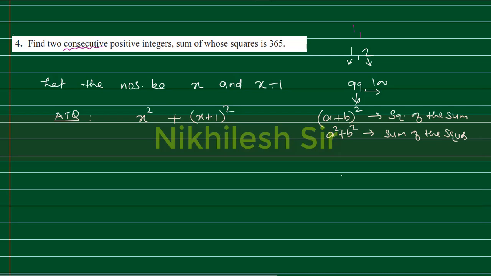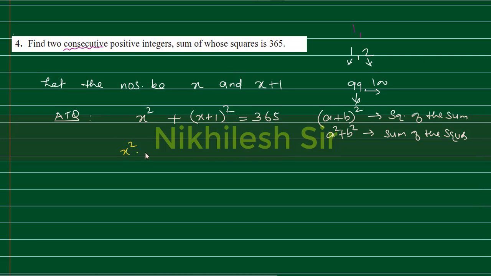So there is a big difference between square of the sum and sum of the squares. So this was the sum of the squares, so the sum of the squares is equal to 365.